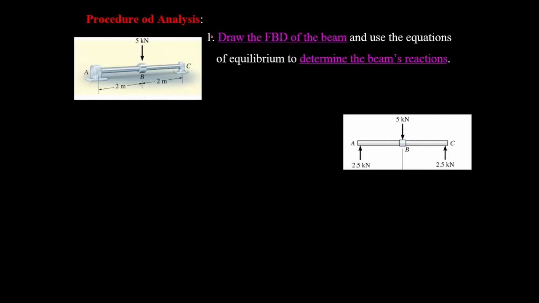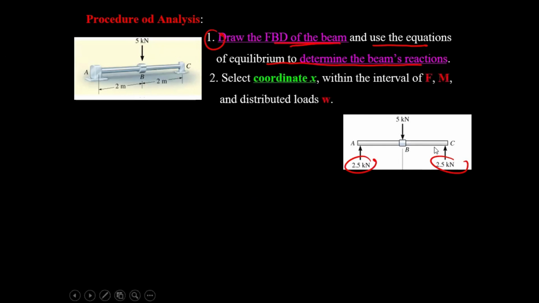Now, the procedure of the analysis. Again, we will first draw the free body diagram and use the equations of equilibrium to determine the reaction. Then after you get the beam reaction, you will draw the body diagram based on the selected coordinate system.